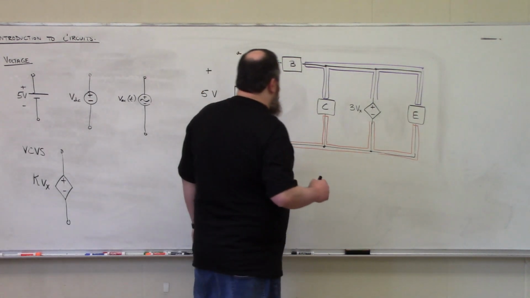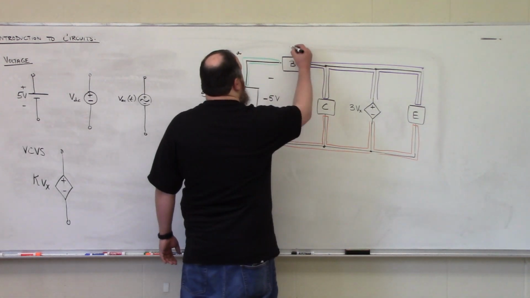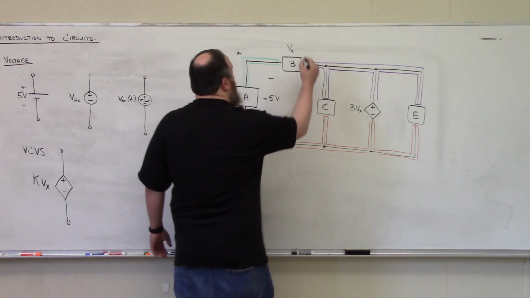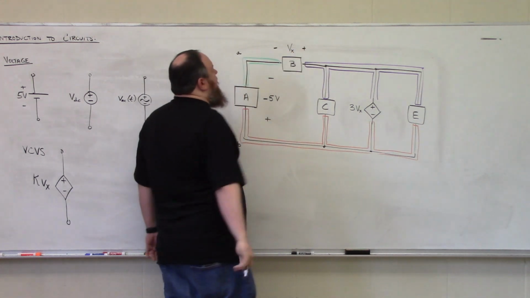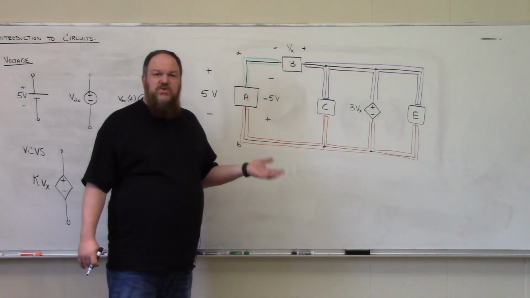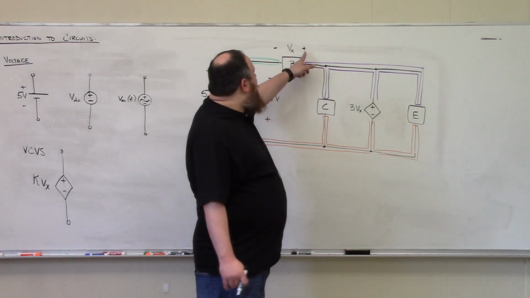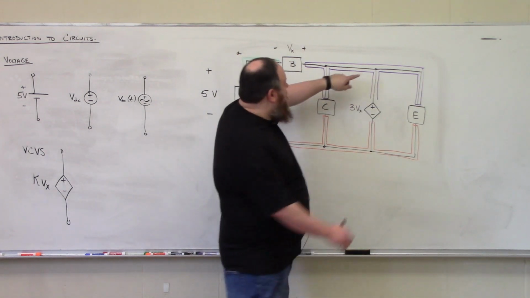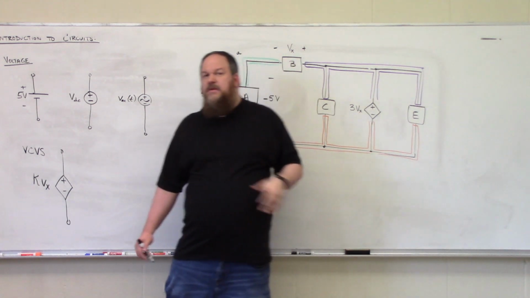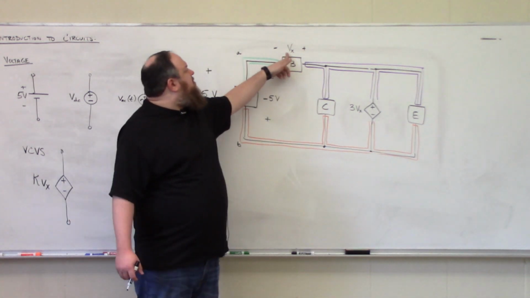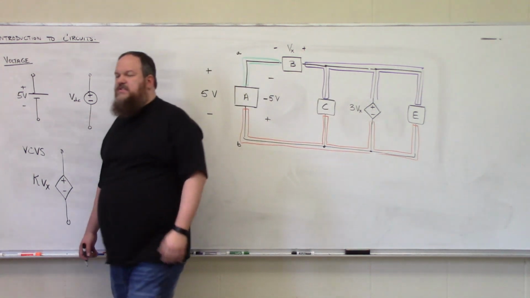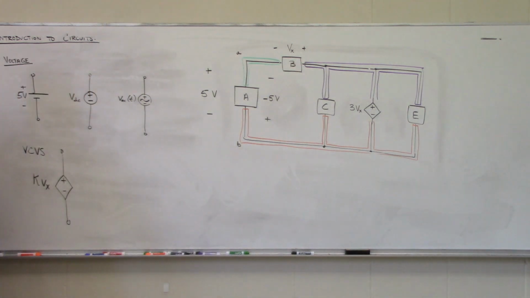And I'm going to define the voltage Vx to be the voltage drop over element B, positive polarity on the right, negative polarity on the left. So what this dependent voltage-controlled voltage source does is it says, well, whatever value Vx happens to have, the potential difference between these 2 points is 3 times that, okay? So this voltage Vx controls the terminal voltage we see across our voltage-controlled voltage source.